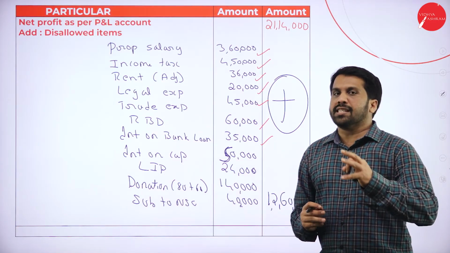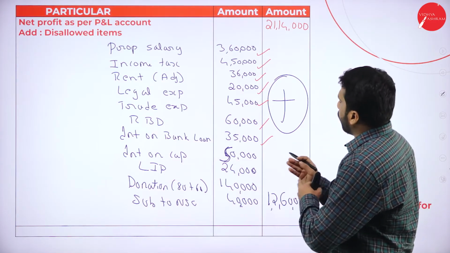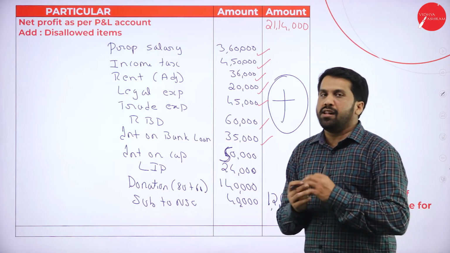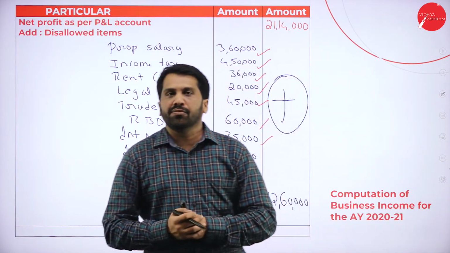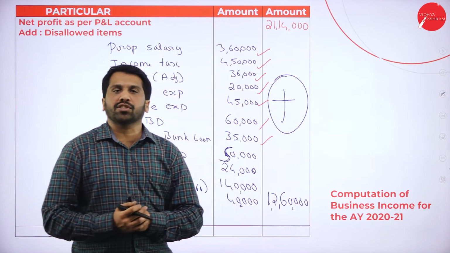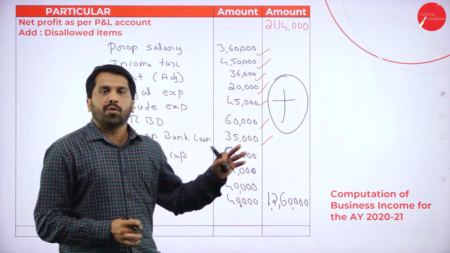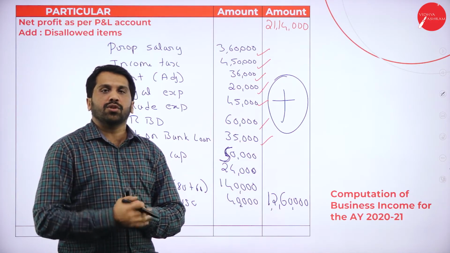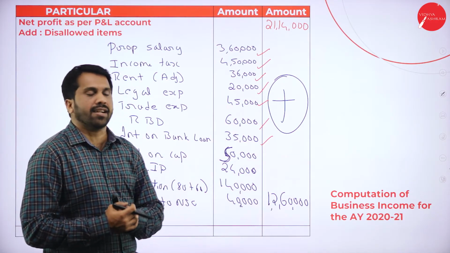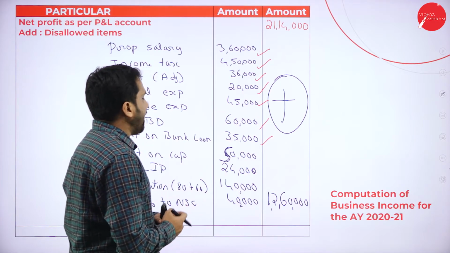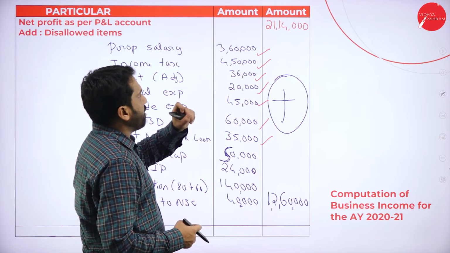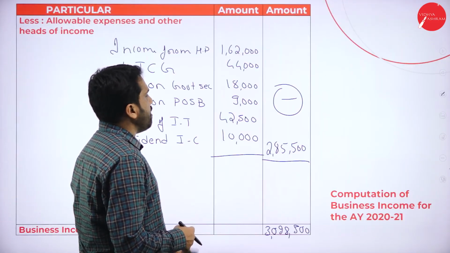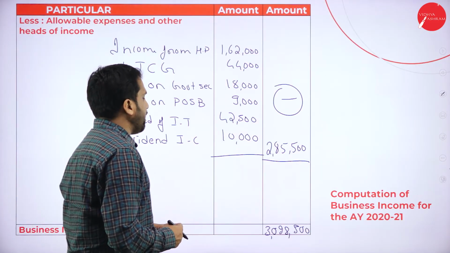Why? Because sometimes what happens, instead of 60, we will take 50 or 40,000. Always while doing a business or profession problem, once you are done with your problem, please cross check once. You will get the exact answer. So, I got 12 lakh 60,000. 21 lakh 14 plus 12 lakh 60 minus your 2 lakh 85.